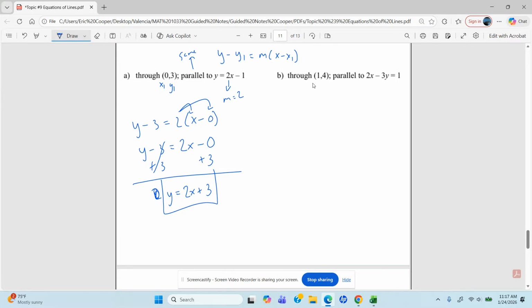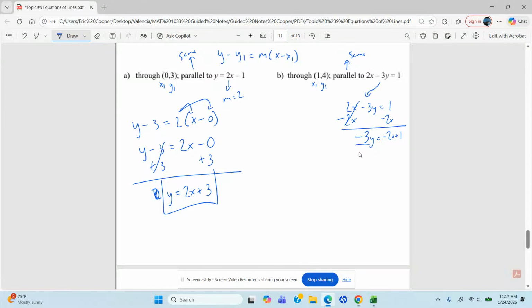Same thing for B. Here's our coordinate, x1 and y1. Because it's parallel, we know the slope is going to be the same as whatever the slope is here. Now this time, we're going to have to solve this for y to be able to figure out its slope. So let's do that. I'm going to move the 2x to the other side, to start to get y by itself. Negative 3y equals negative 2x plus 1.